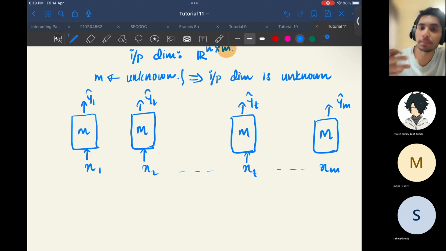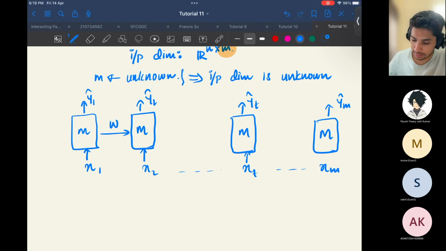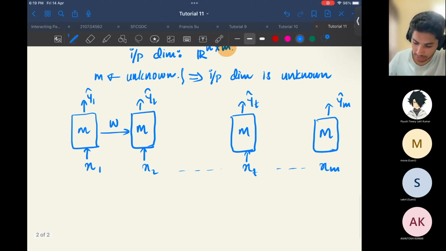So a simple way to circumvent that is to define another parameter, let's say some W, which will connect this block across different time steps. So this model is at time step 1, and this model is here at time step 2.